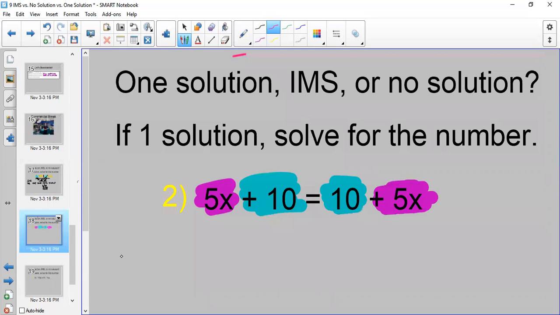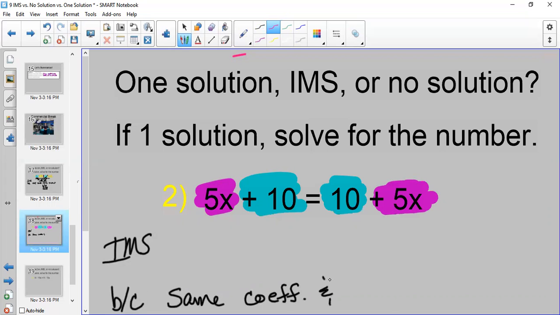All right, so my answer is IMS. I know this because I have the same coefficient and I have the same constant.